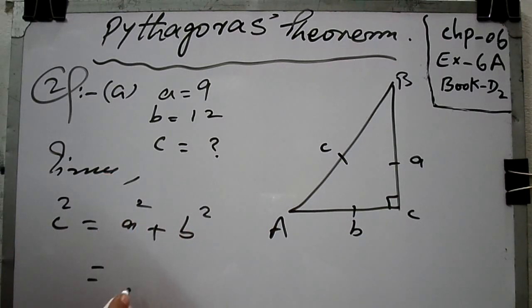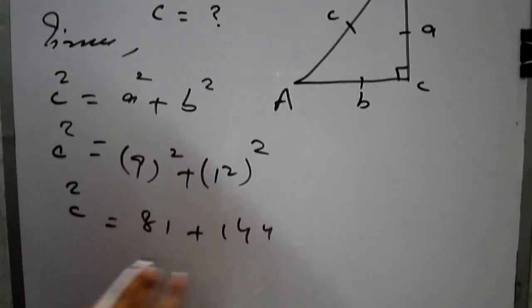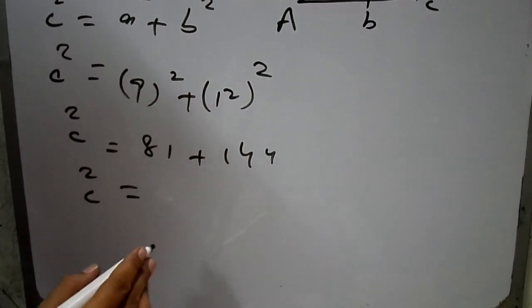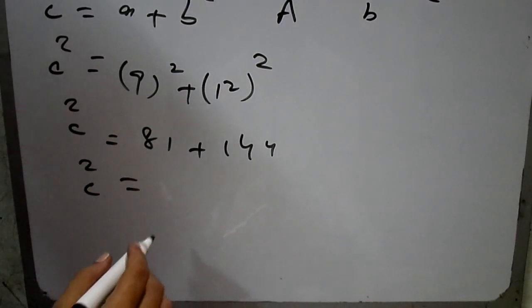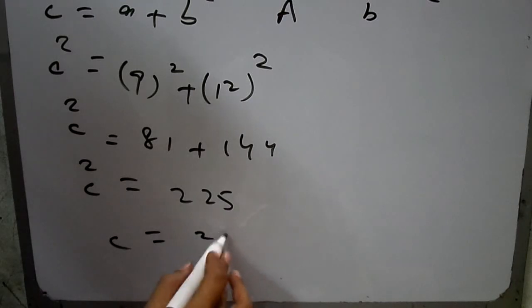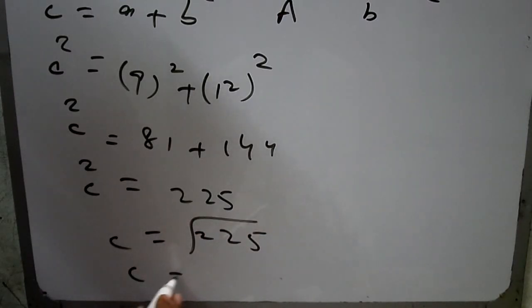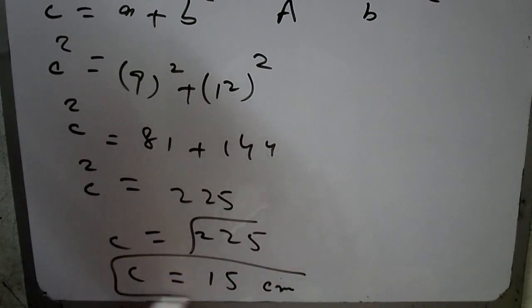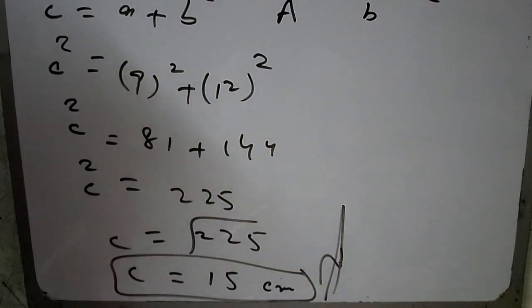So simplify it: 9 square plus 12 square, so the value of C square is 225, but you need the value of C, 225 under root, so the value of C is 15 centimeters. So that is your required result.